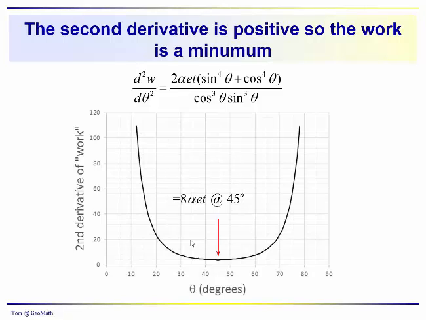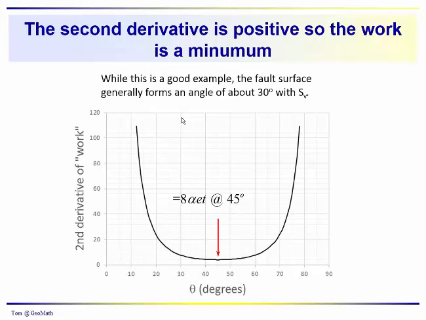And this is just a plot of that function. And again, you can see that at 45 degrees here, we have a minimum in this second derivative. Okay, so this is a good example, and I want you to think about this a little bit.